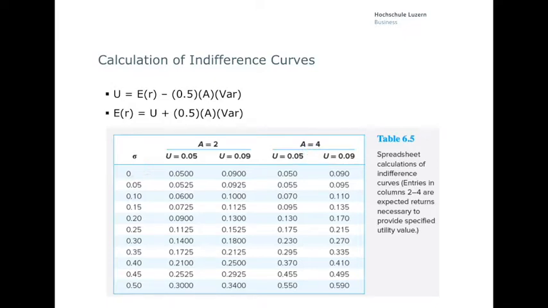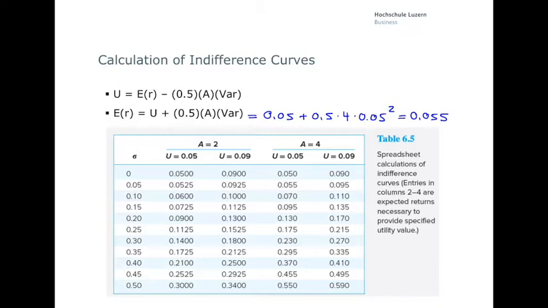Because the variance of such a portfolio is 0, we use the following equation, which would result in an expected return of 0.05. Now we find the expected return the investor would require to maintain the same level of utility when holding a risky portfolio, say, with a standard deviation of 5%.